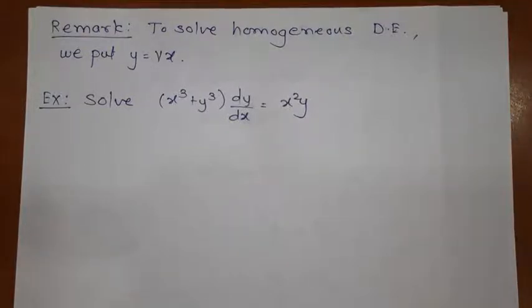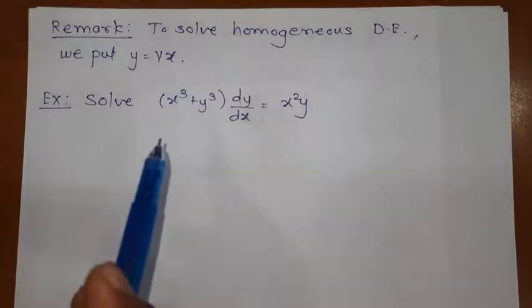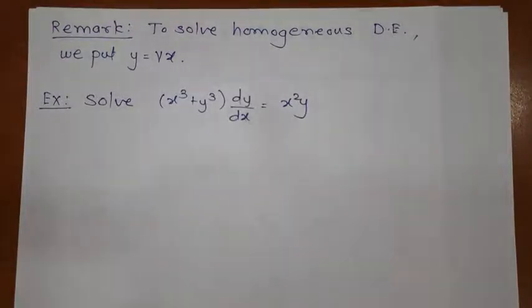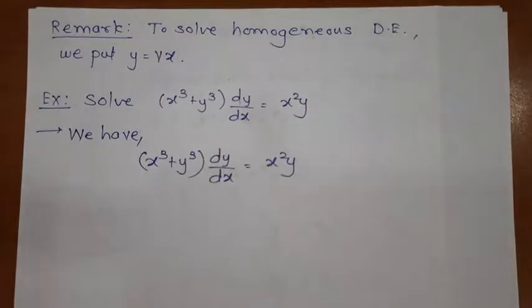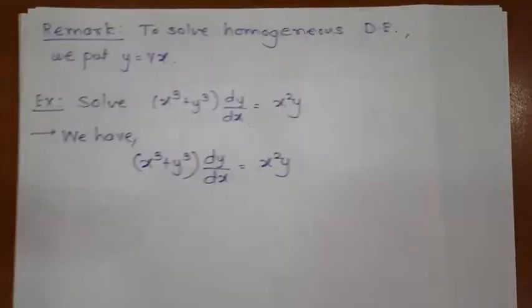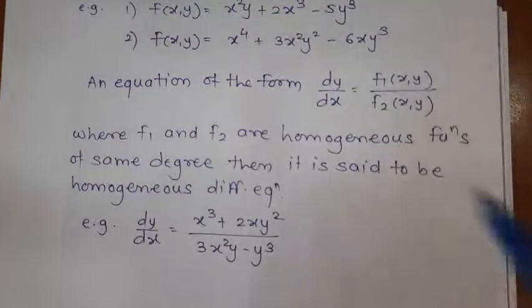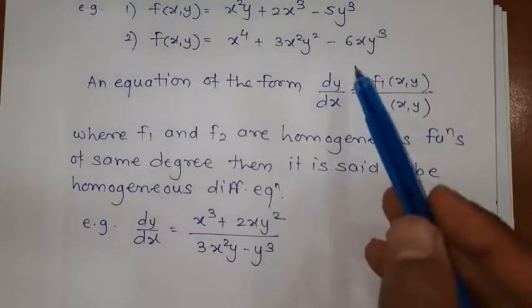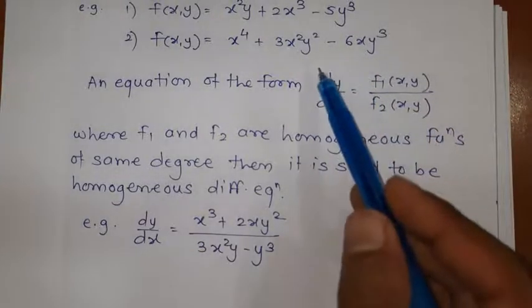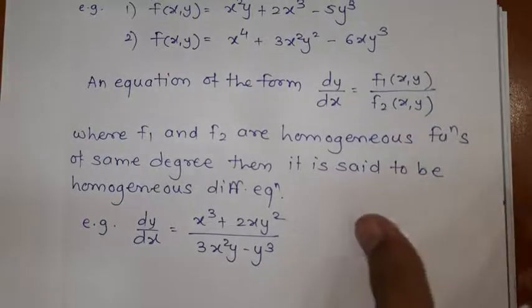First of all, I will rewrite this problem. After that, I have to express it in the standard form. I will show you again what its standard form is; we already saw it on the last page. We want dy by dx on one side and the remaining terms shifted to the other side.